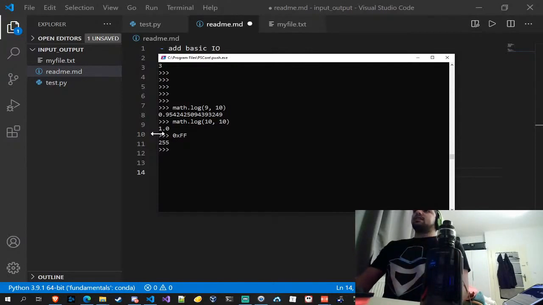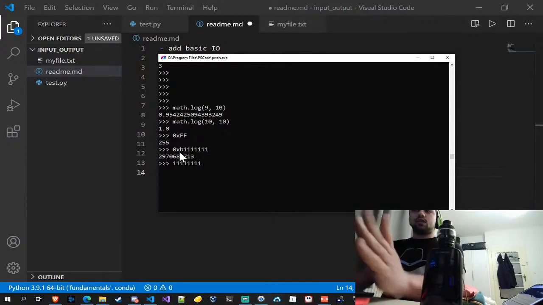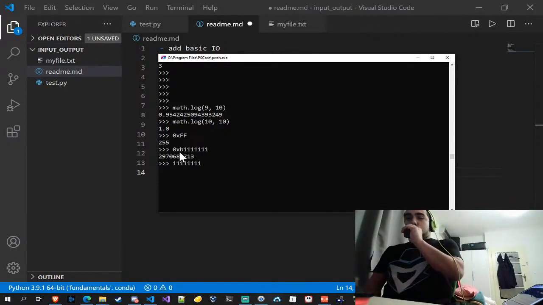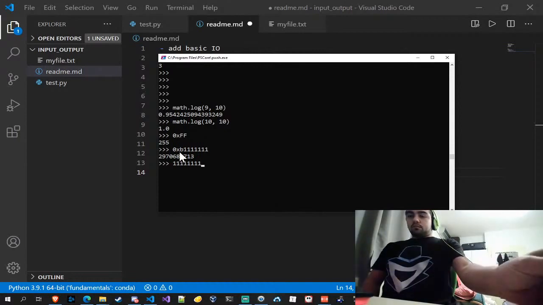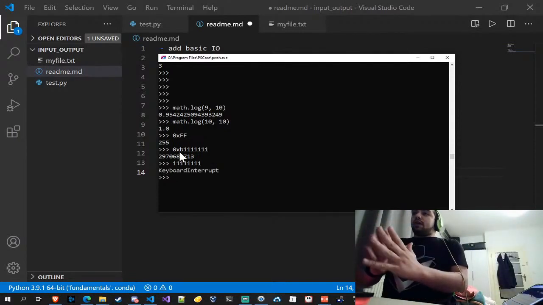Well, FF is 255, which in binary would be a series of 8 ones, right? So 8 digits of 1. So this is still 1 byte. And so FF is still 1 byte, right?